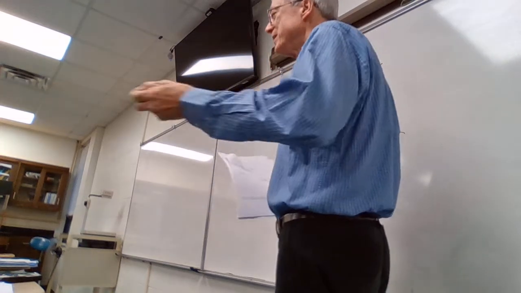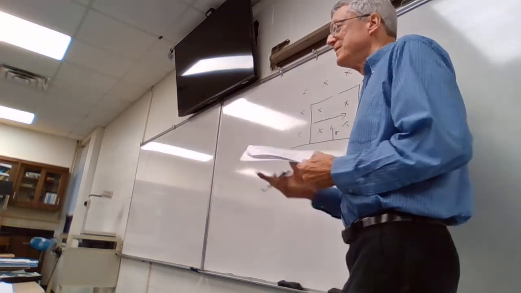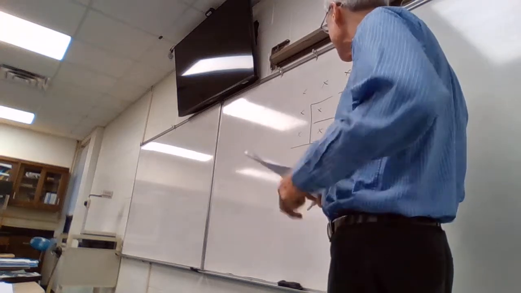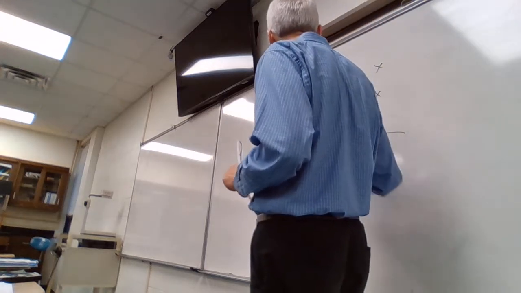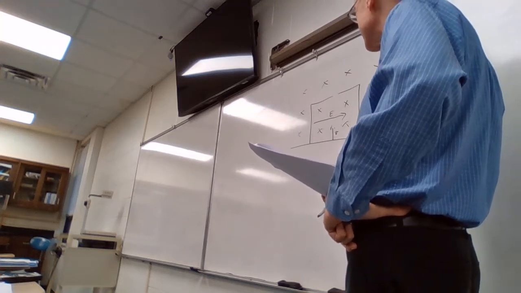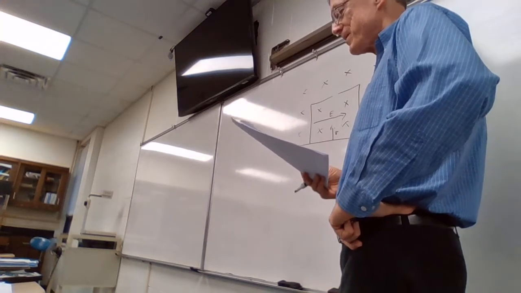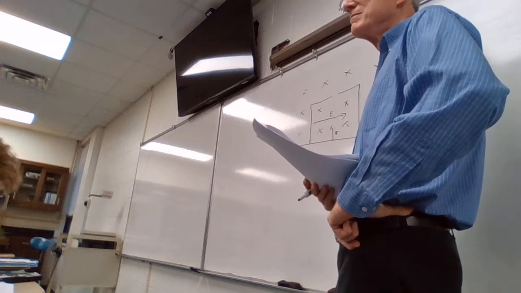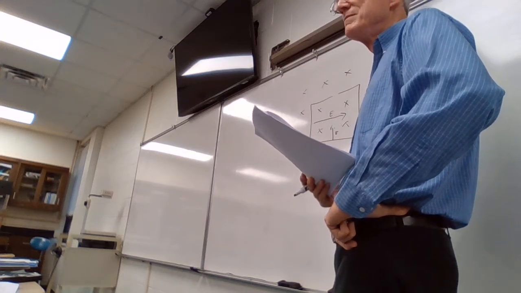I'm very unsure because I can't remember if electric fields go from positive to negative or negative to positive. I realize that. That's correct. Did you all draw your arrows to the right?